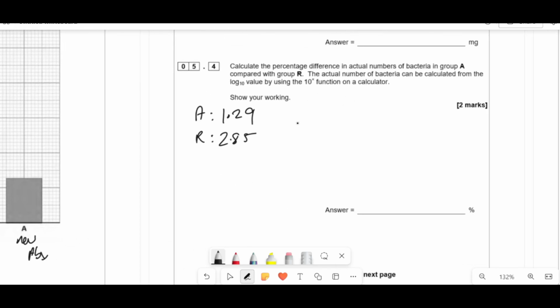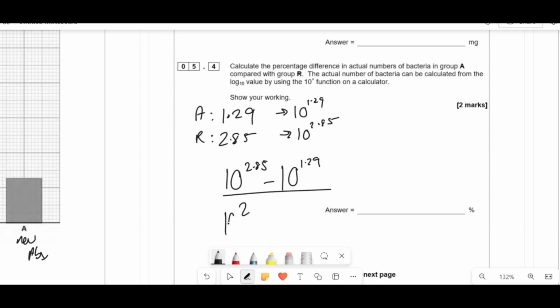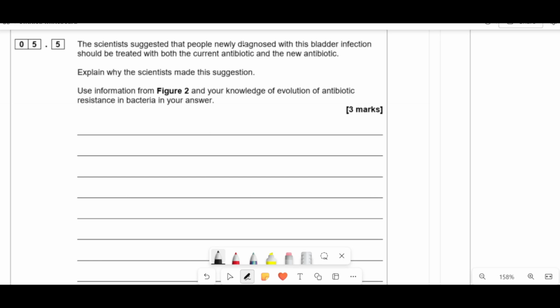So to get the actual numbers, it would be 10 to the 1.29 and then 10 to the 2.85. Then the percentage difference would be 10 to the 2.85 minus 10 to the 1.29, over 10 to the 2.85, and you times it by 100, and that should give you your answer, which is 97.2%.